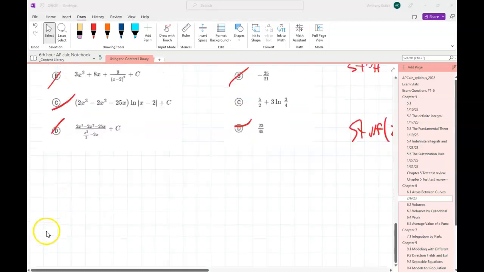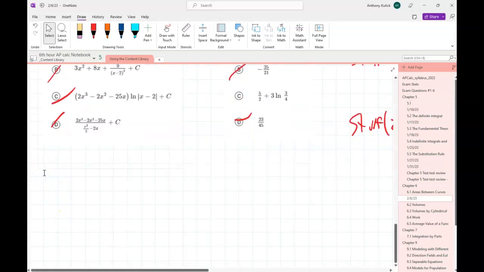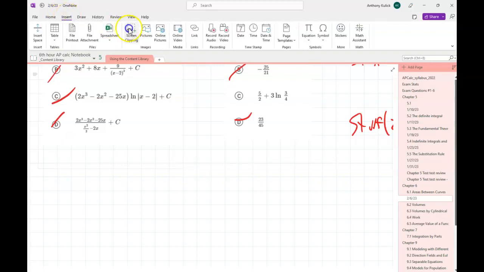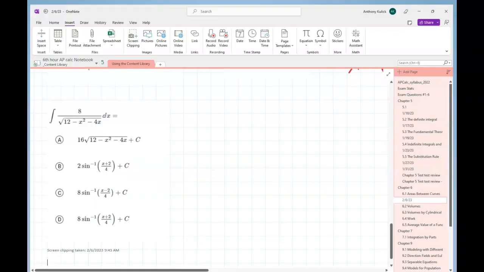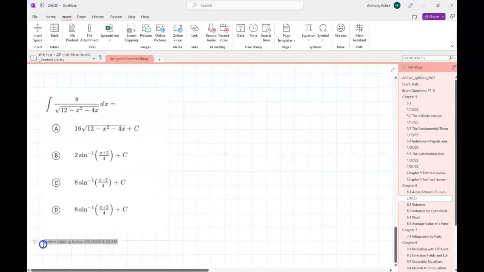Let's do a tricky one here. And this is an example of one where I think that I would have to do the whole thing to get this right.